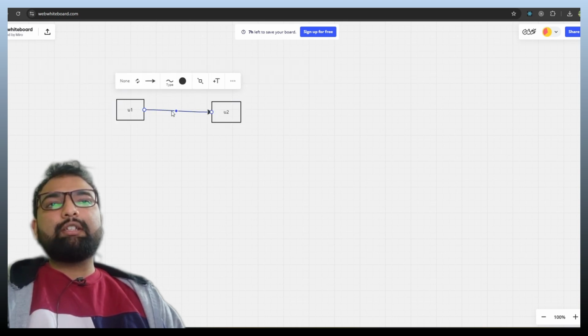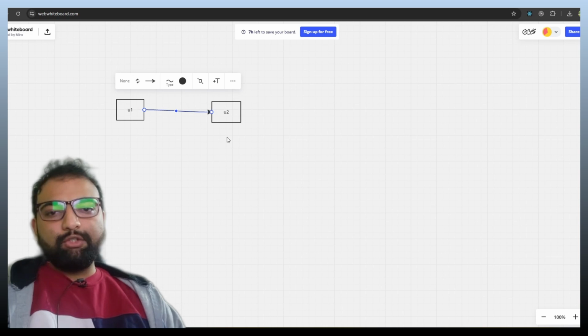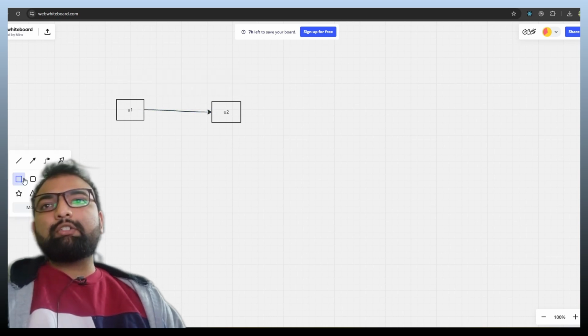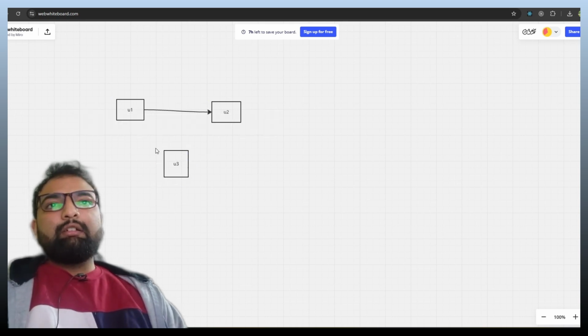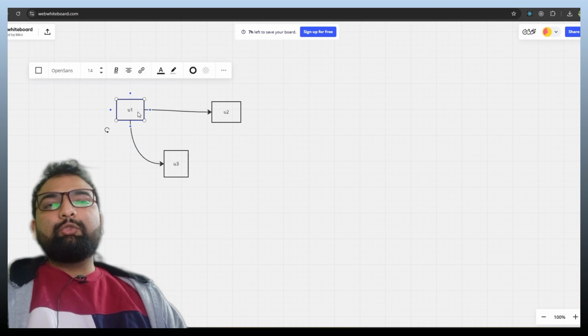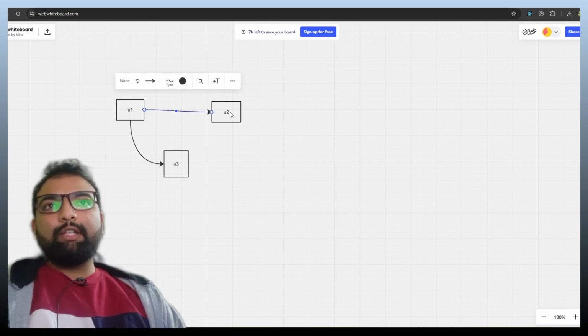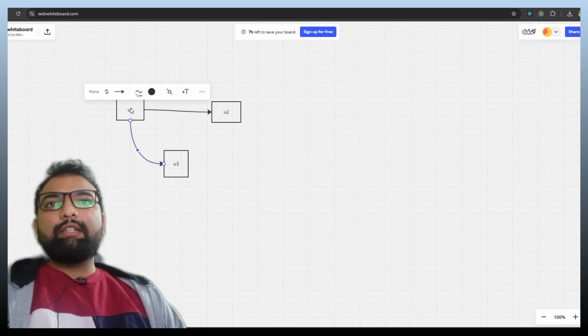They have one encryption key shared between them, and user 1 will encrypt with this key and user 2 will decrypt it. There is no issue here. But as soon as we start to add users, let's say I have added user 3, user 1 is now connected to user 3 also. So user 1 will have to carry two keys now. The first one is for user 2, a unique key: only user 1 will encrypt data with this key for user 2, and user 2 can decrypt it. Same with user 3, user 1 will have a new key.